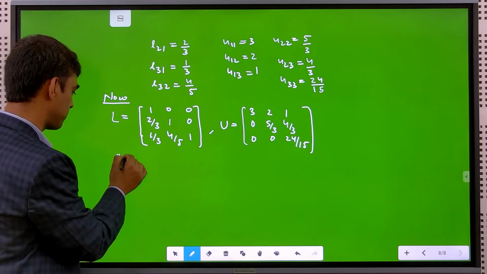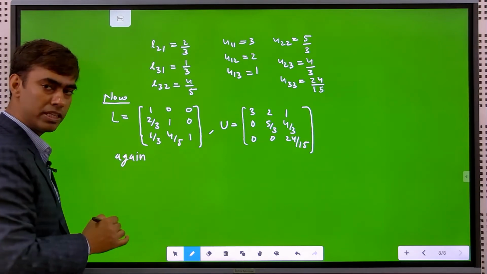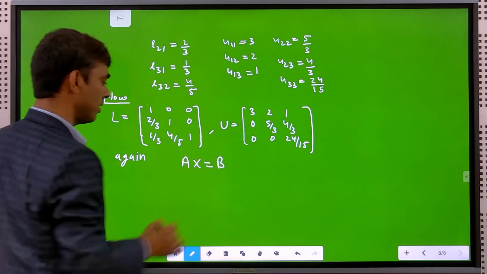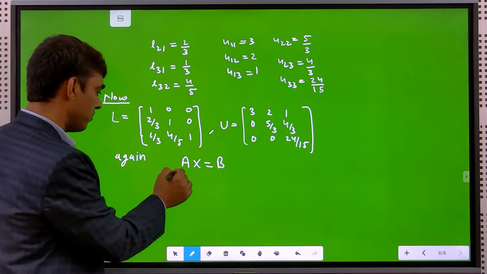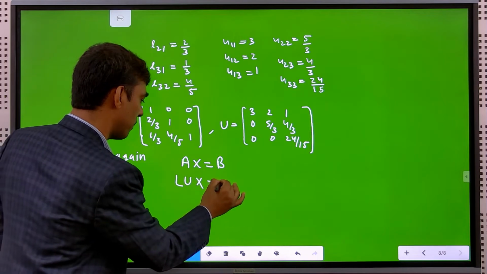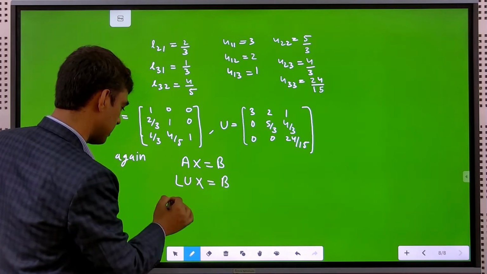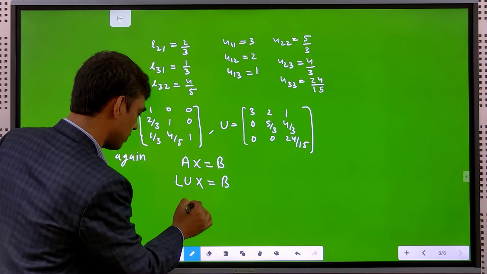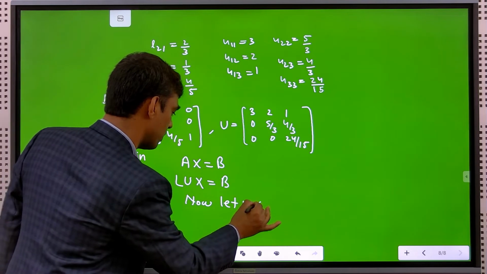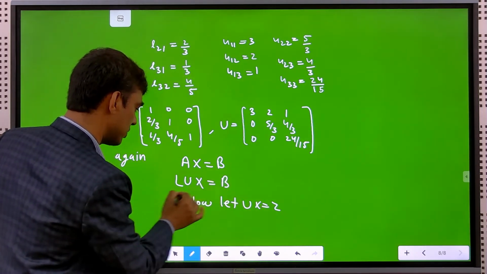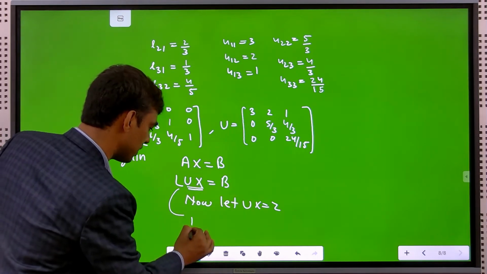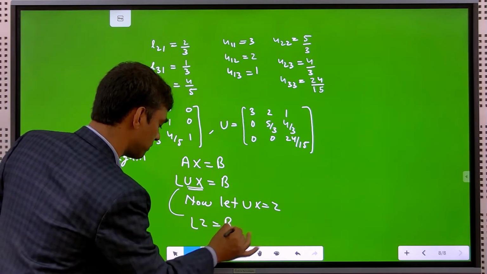Again we know that Ax equals B, and we assume that A equals LU, then LUx equals B. This implies that, let Ux equal Z, then this equation becomes Lz equal B.